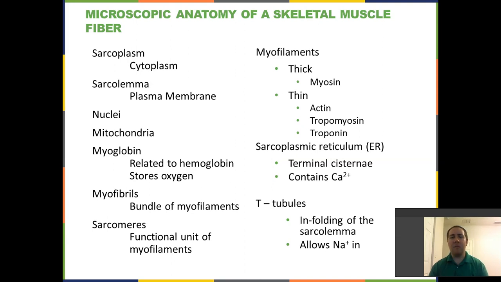Thick filaments are made of one type of protein and one protein only. That is myosin. Myosin is the protein that actually causes the contraction. It is the motor part of our muscle. So myosin protein makes up thick filaments. The thin filaments are made up of three different proteins: actin, tropomyosin, and troponin.